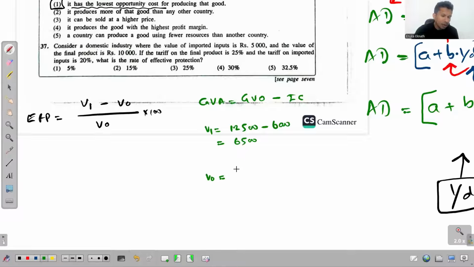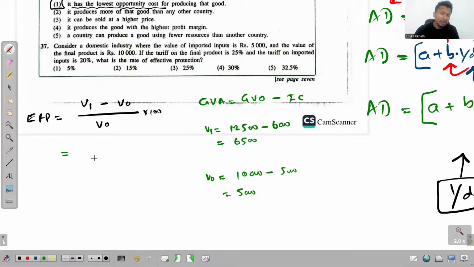And also we need V naught. And what is this V naught? That's the domestic value addition under the free trade system. So under free trade without any tariff, the gross value of output is 10,000 and the intermediary consumption is just 5,000, so the value addition is 5,000.